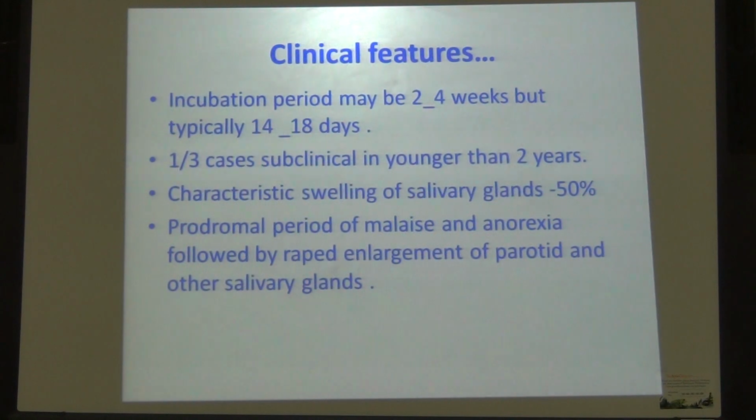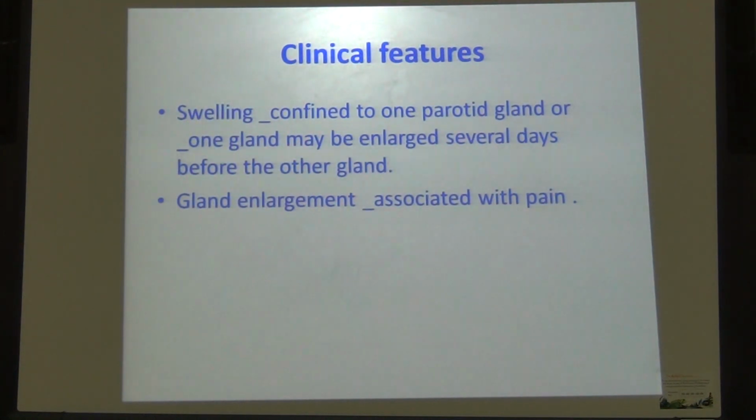A prodromal period of malaise and anorexia is followed by rapid enlargement of the parotid and other salivary glands. The swelling may be confined to one parotid gland, or one gland may be enlarged several days before the other gland, and sometimes both glands are involved. The gland enlargement is associated with pain, especially when the patient takes citrus fluids.